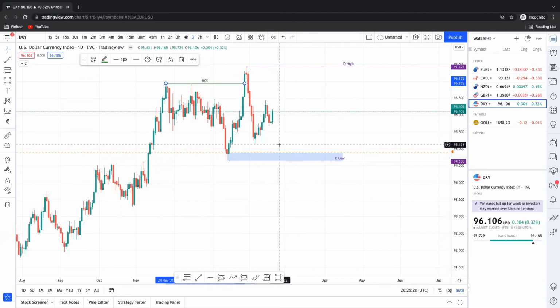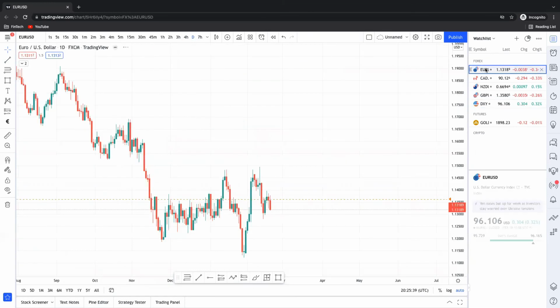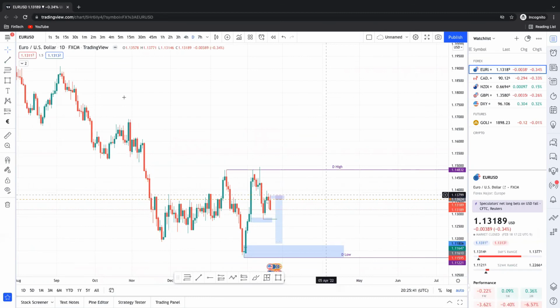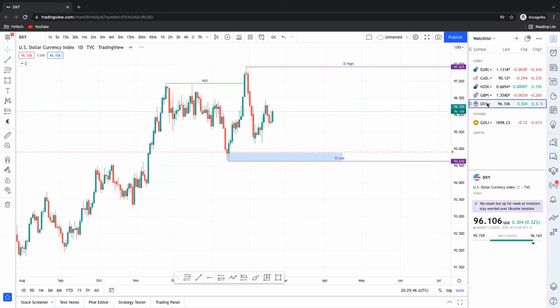It may not come, but it is already reacting from this area, and it will just continue. It means the US dollar is getting strong, which means the euro is getting weak, because the euro is on the other side. So just keep that relation in mind.